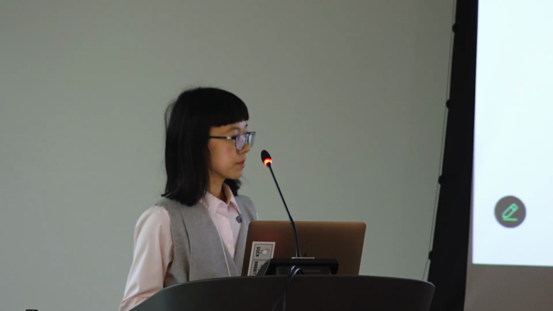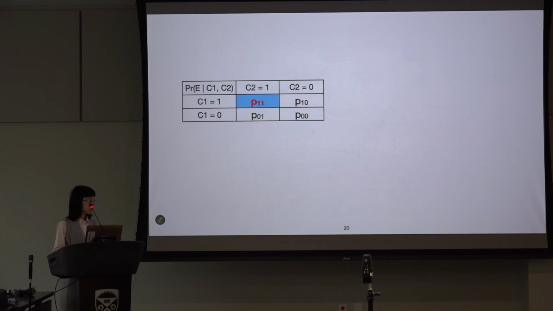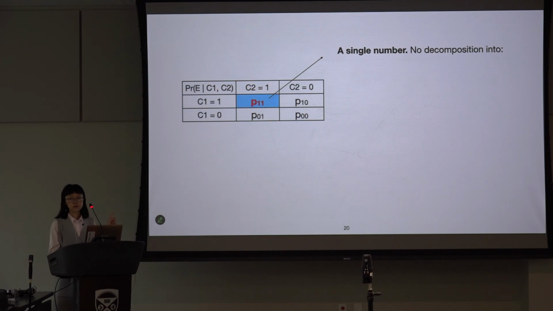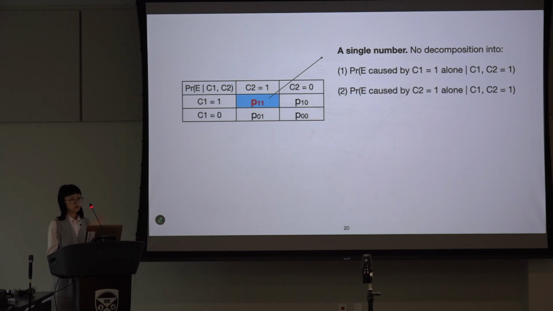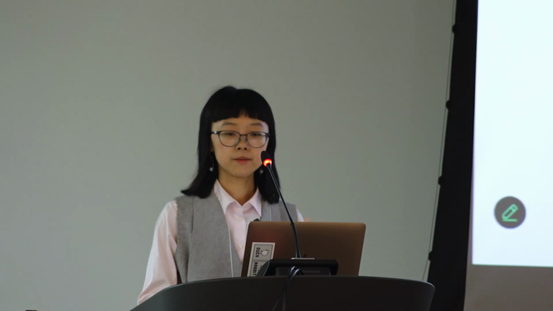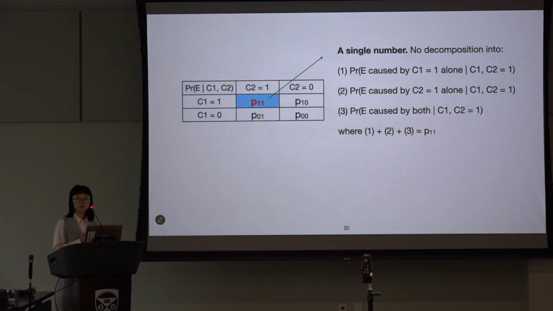Now, there are many things to be said about interaction defined and studied in this way, but a particular feature I want to draw your attention to is the fact that P11 here is a single number. So there is no decomposition of this number into the probability of E caused by C1 alone when both of them are present, and by C2 alone, and by both of them, summing up to P11.